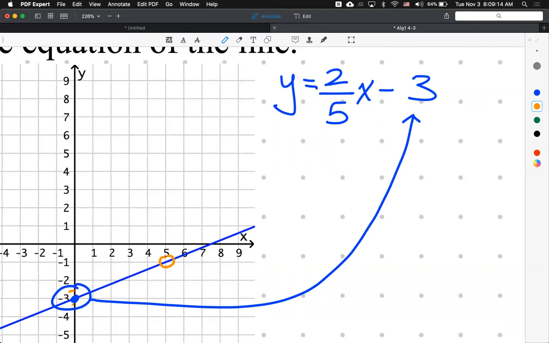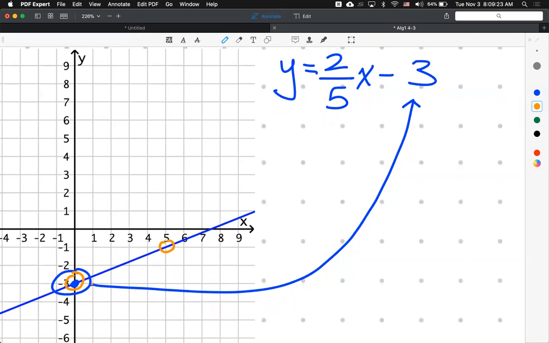I can use this lattice point over here that was the y-intercept at 0, -3. And from those two lattice points, I can draw a right triangle that says we went right 5, so +5 to the right, and then +2 up. Using our equation for slope, change in y divided by the change in x, it's 2/5. So those two numbers, the 2 and the +5, gave us our slope.